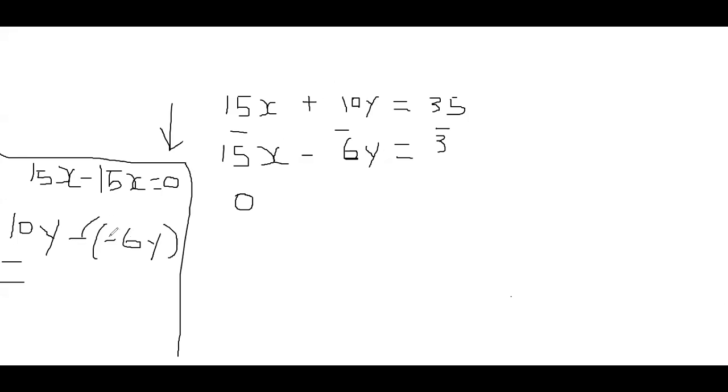This negative and this negative give us a positive, so 10y plus 6y gives 16y. Also, you can put into your calculator 10 minus negative 6, and you'll see you get positive 16. So there will be 16y.